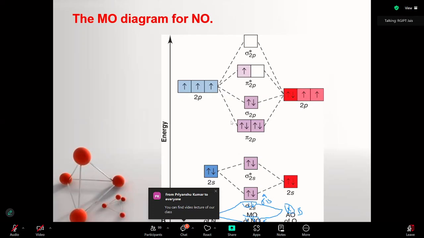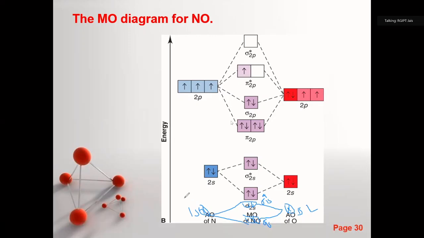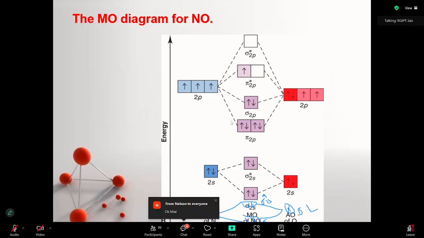That's why the contribution of the s orbital in this case we cannot consider, because it is closer to the nucleus and it does not affect the energy barrier. In this case, the energy barrier is slightly up, but in this case, slightly down.